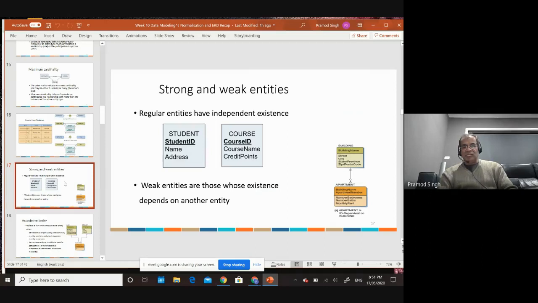In that situation, the primary key of building entity should become part of the primary key of the apartment entity as well. Not only the foreign key, but also part of the primary key. That's why the weak entity has a very strong relationship with the one entity it needs to exist.